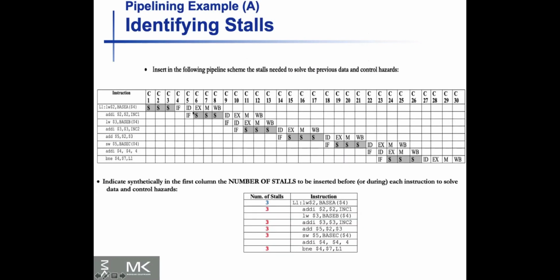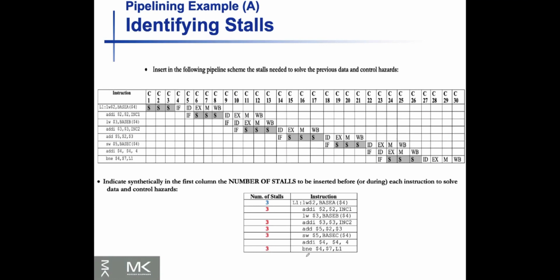However, adding this many stalls expanded your 12 cycles to 30 cycles. And that's pretty easy to compute, because you had 3 stalls for the $2, 3 stalls for $3, 3 for the add of $2 and $3, and the other 3 for the store of that, and then the increment, right?